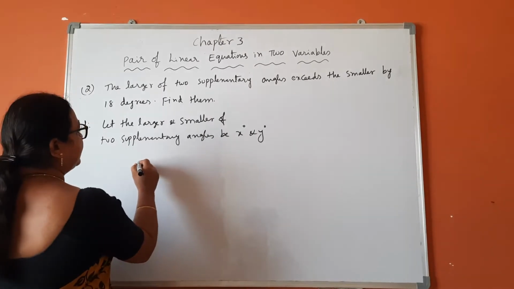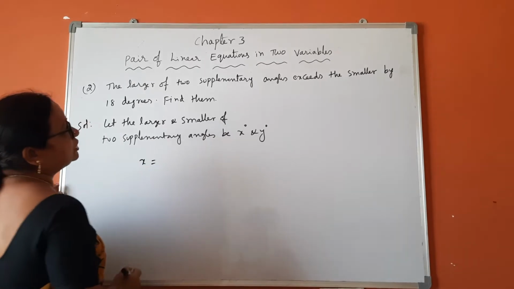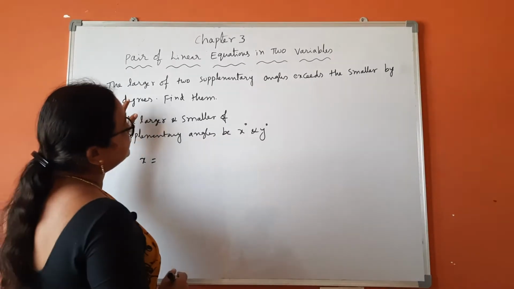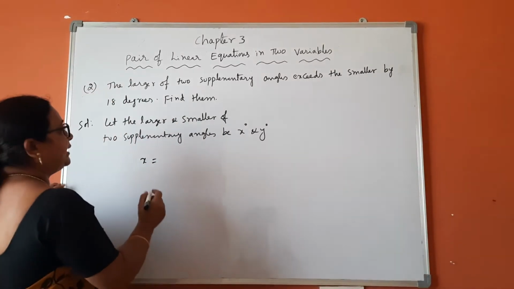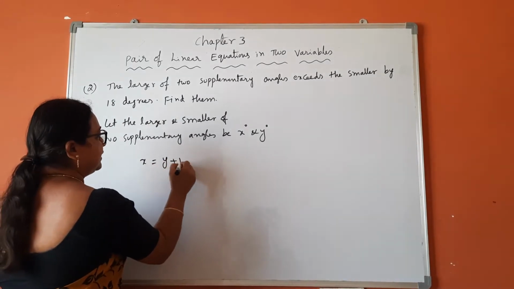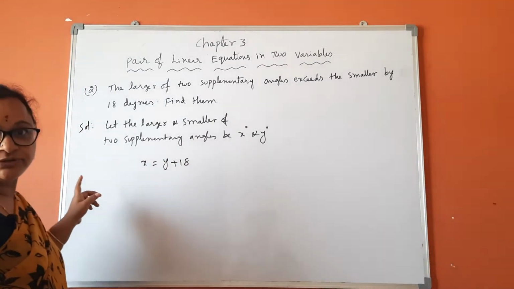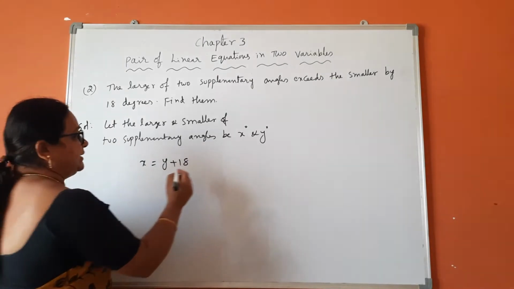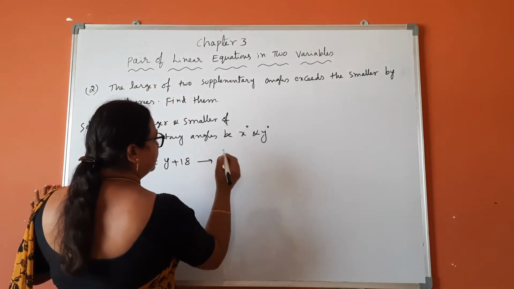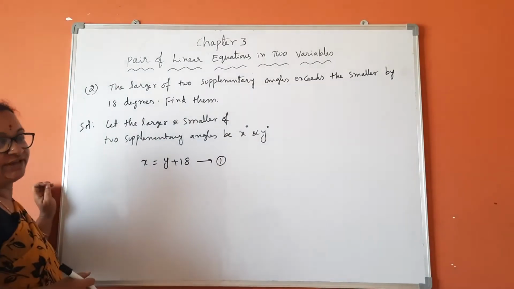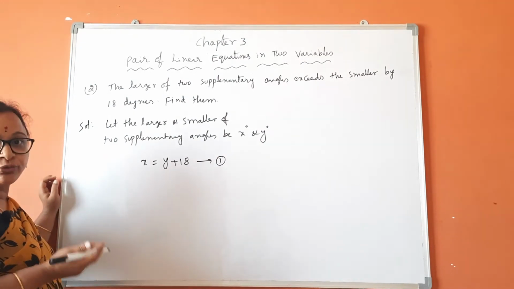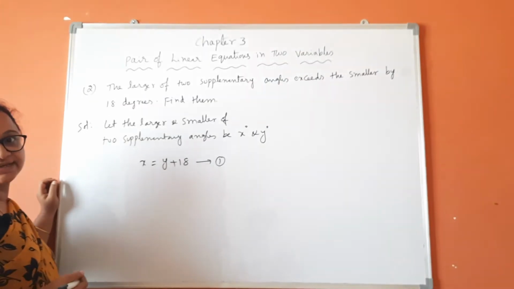So according to the condition, x is equal to, the larger angle exceeds the smaller angle by 18. So y plus 18. x is equal to y plus 18. This is our first linear equation in two variables. And we know x and y are supplementary angles.